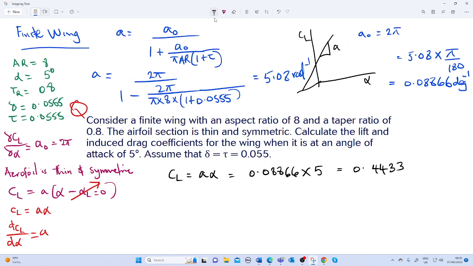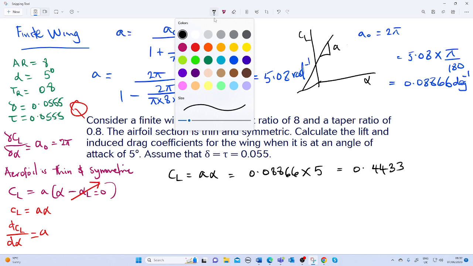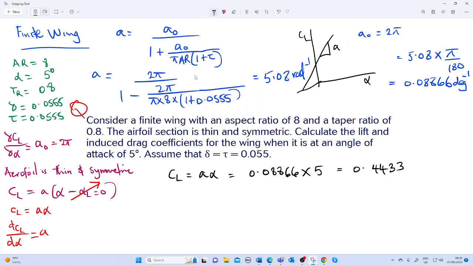And don't let us forget that the equation for the induced drag coefficient, CDI, equals CL squared over pi AR, times 1 plus delta.